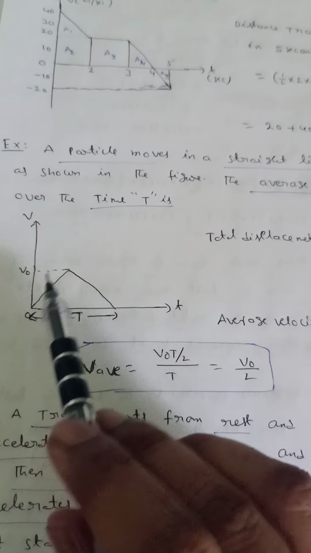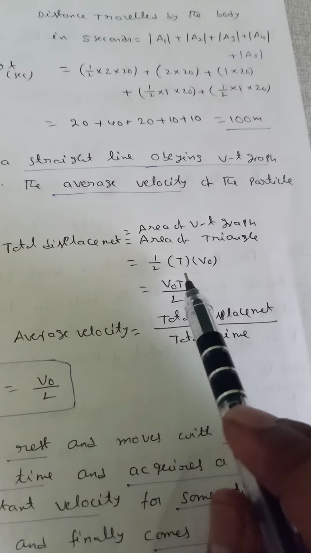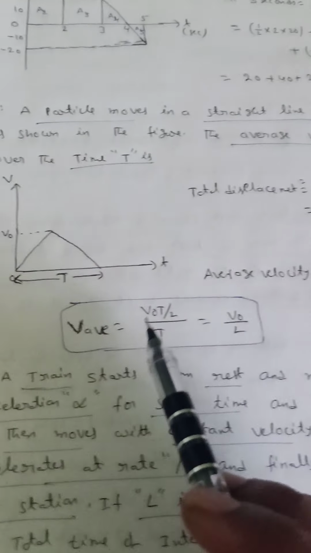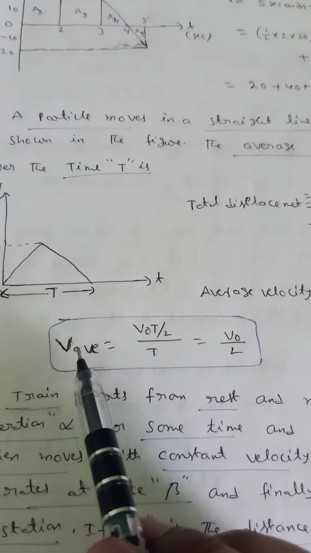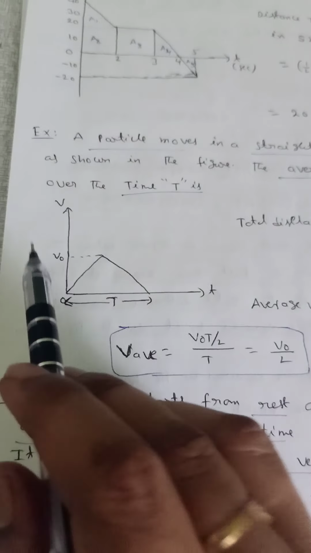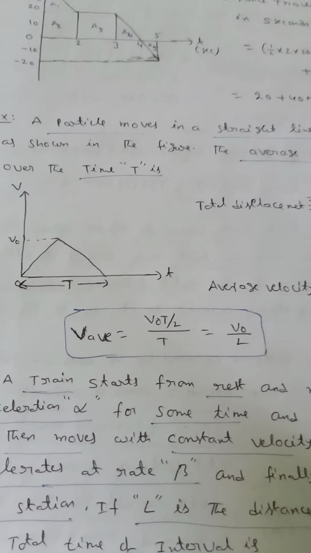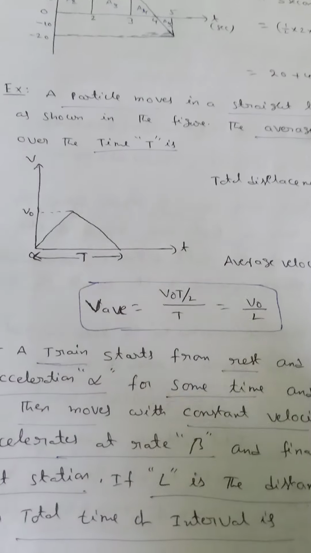This is the area of the triangle, half base into height, half into t into v0, v0 t by 2. Average velocity means total displacement by total time, and the total time is given as t. The t cancels, giving v0 by 2. Average velocity is equal to v0 by 2, where v0 is the maximum velocity. Already the last problem, solve it. Average velocity is equal to maximum velocity by 2.